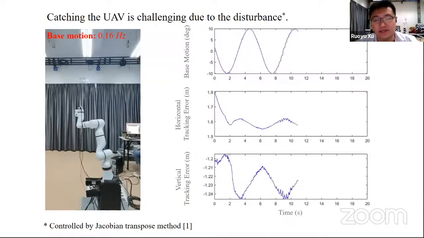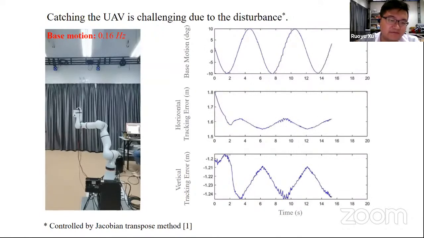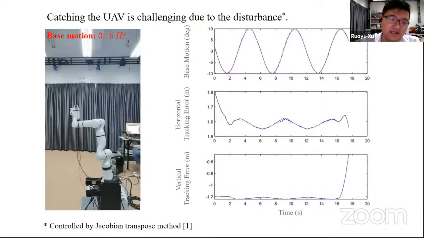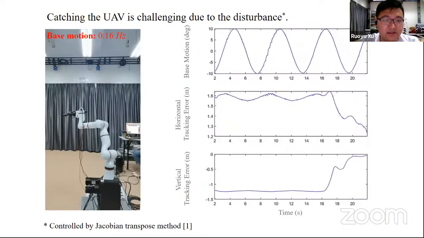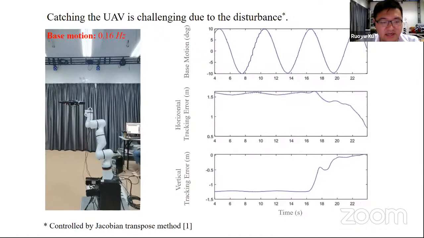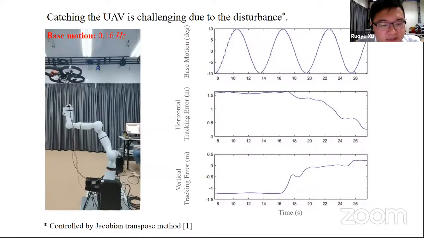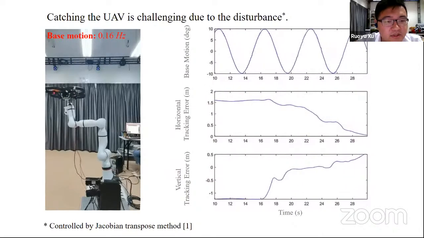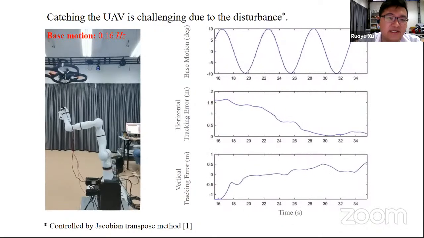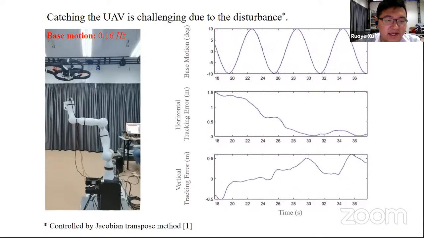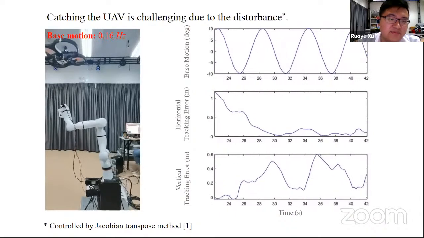This is an experiment to catch the UAV on a disturbed platform. The manipulator is mounted on a rotary platform whose motion is 0.16 Hertz and the amplitude is 10 degrees. The position of the UAV is measured by the motion capture system, and the manipulator is controlled by a Jacobian transpose method.